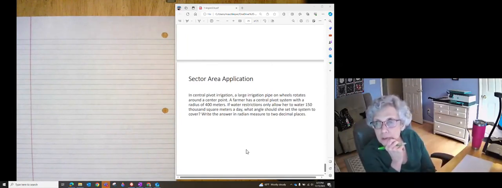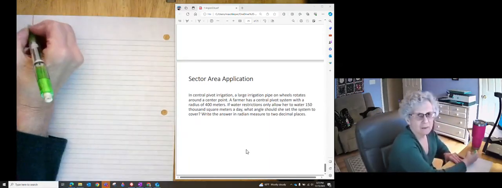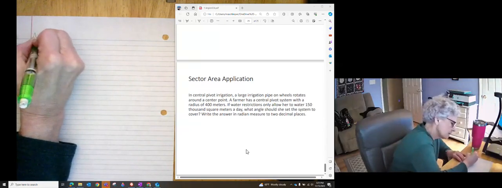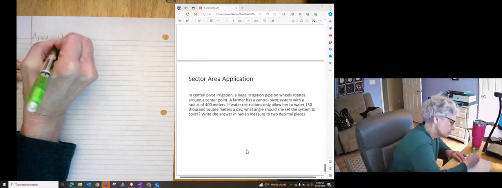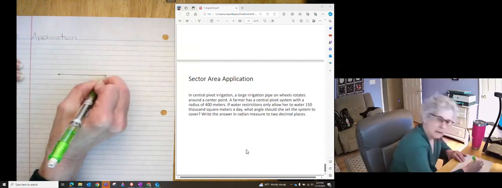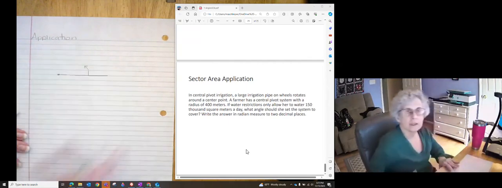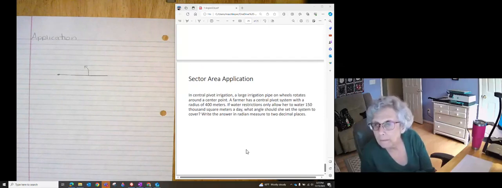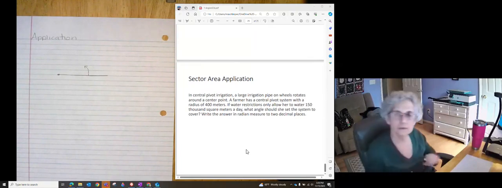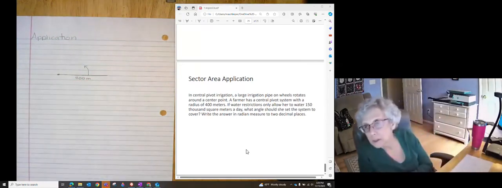In central pivot irrigation, a large irrigation pipe on wheels rotates around a center point. So, application problems, if I can draw a picture, I like to do that. So I have this irrigation pipe that goes around in circles. And let's see, a farmer has a central pivot system with a radius of 400 meters. So this is 400 meters.